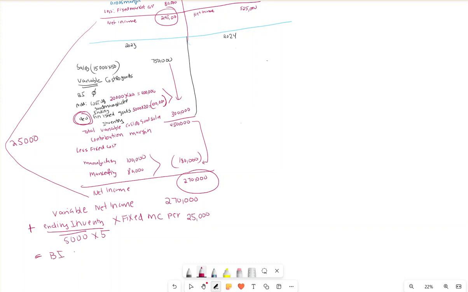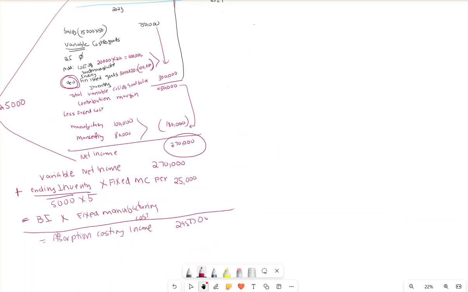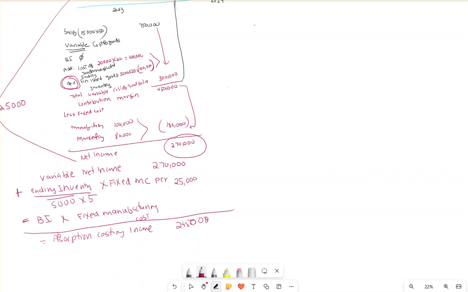So beginning inventory multiplied by your fixed manufacturing cost. Then if I add both numbers, it will give me the income that we have under absorption costing, the absorption costing income, which is 295. And what we're doing is we needed to reconcile. When you reconcile it, that's what you're going to be getting.